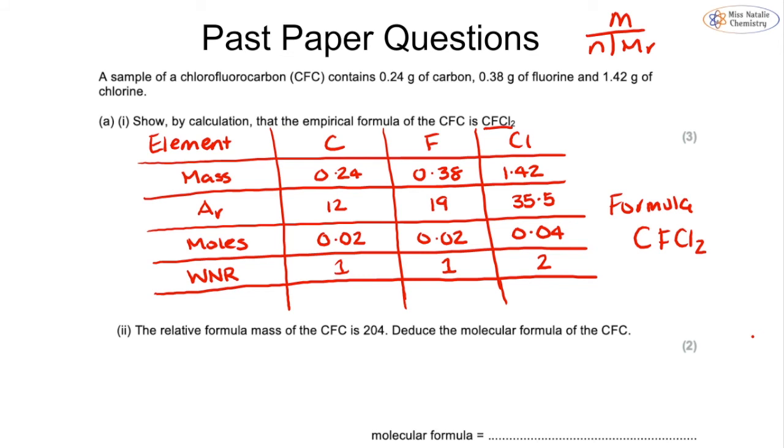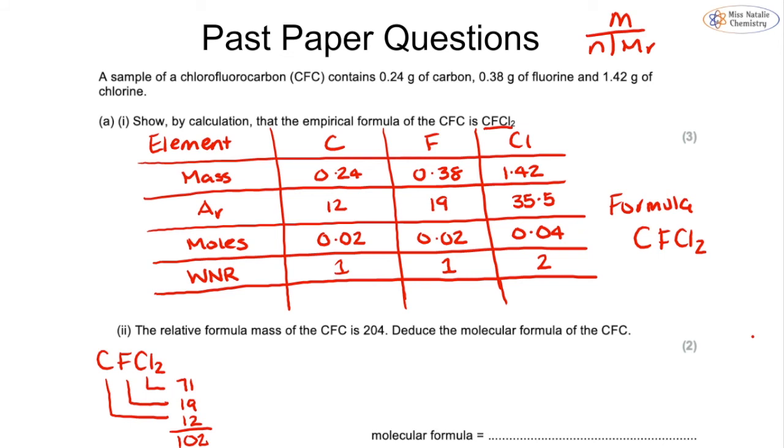Now we know that the relative formula mass of the CFC is 204, and we want to then deduce the molecular formula. So if we have CFCl2, we need to determine the MR for this. So 35.5 times 2 is 71, plus 19 plus 12 gives us an MR of 102 for the empirical formula.